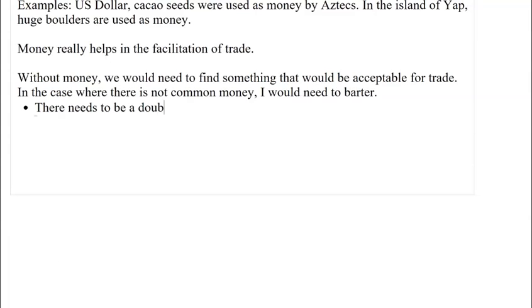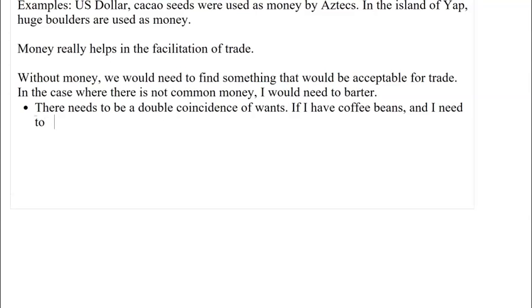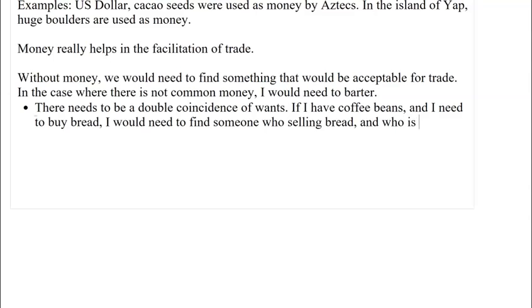a double coincidence of wants, which means that if I have coffee beans and I need to buy bread, I would need to find someone who is selling bread and who is willing to accept coffee beans as a method of payment.